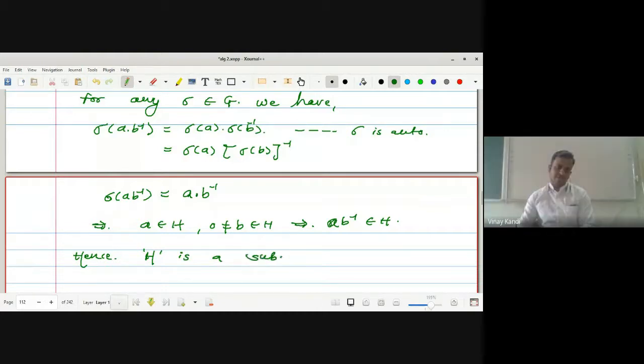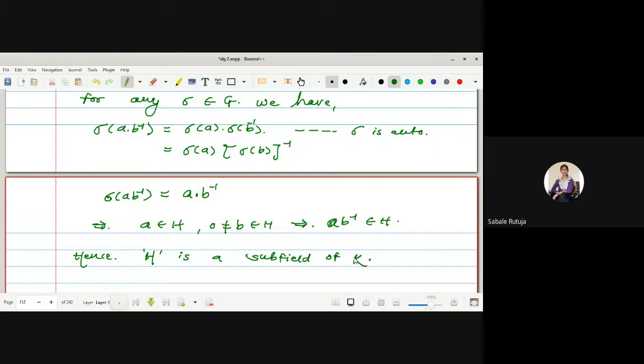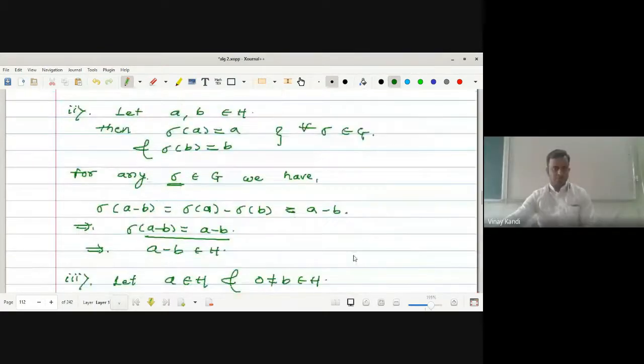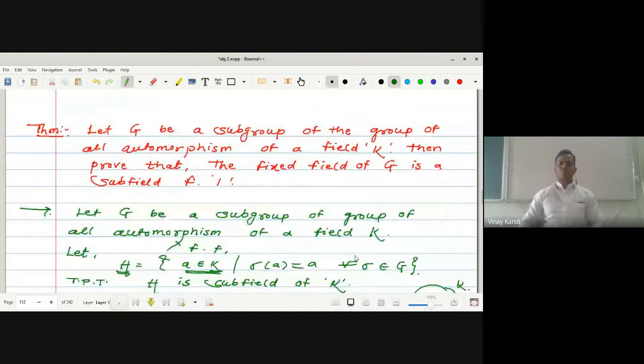Okay, any doubt? No, sir. Okay, so what we put here? Let G be a subgroup of the group of all the automorphisms of a field K. Then prove that the fixed field of G is the subfield of K. Okay, subfield of K. Any doubt in this theorem?